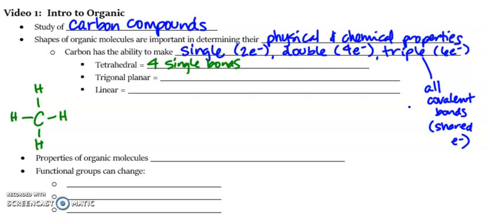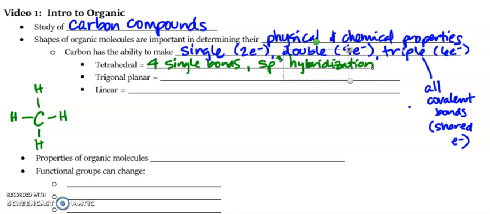When they hybridize, meaning they're all going to be the same, they're going to be a hybrid. It's not 1 s and 3 p actually. They hybridize so that they're all equal. So each individual one is a hybrid, and we call each of those an sp3 because it's 3 p orbitals and 1 s. So sp3 hybridization is when you have 4 single bonds.